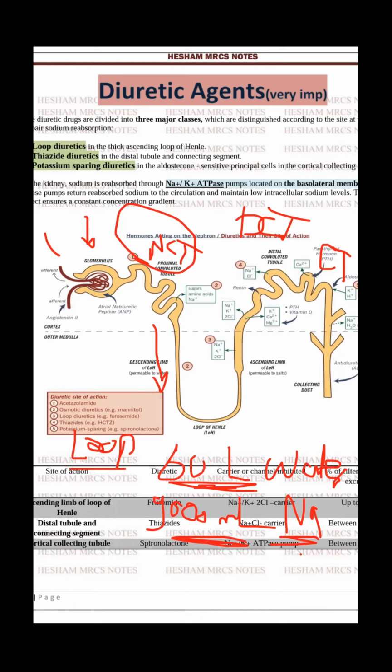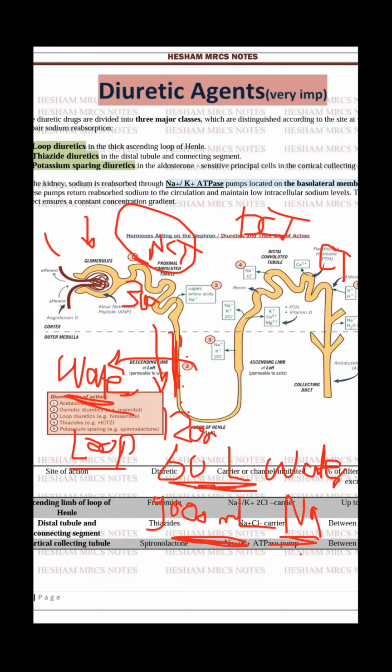We have the descending limb of the loop of Henle. It is permeable only to water. So here, I will not absorb anything except water. I am absorbing water, and the solutes are increasing in osmolarity inside because I am leaving solutes inside and absorbing water. This is responsible for increasing the medullary interstitium osmolarity from 300 above to 1,200 below.